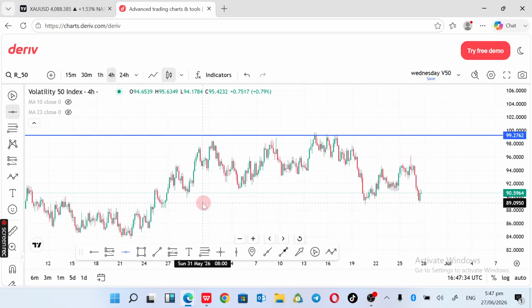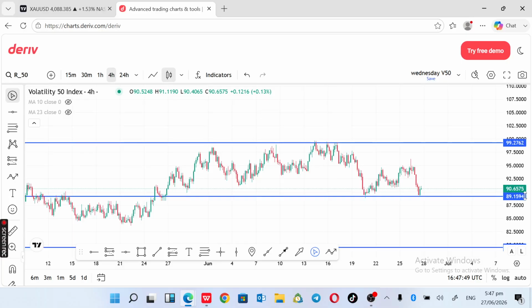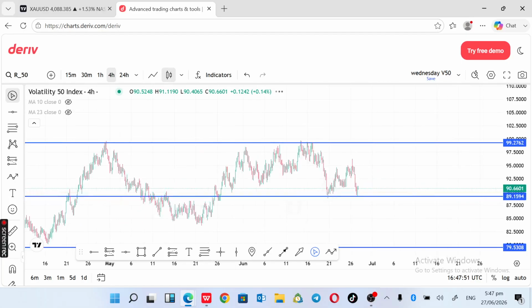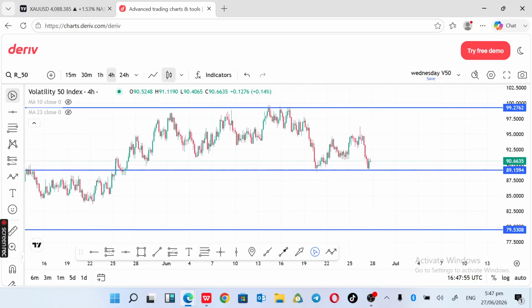We also have internal support, which the market is already respecting. But we need to be very extra careful here because the overall direction is still a sell. So we can't actually decide on what to do here. The buy I took was just because I needed to scalp it in a short while.